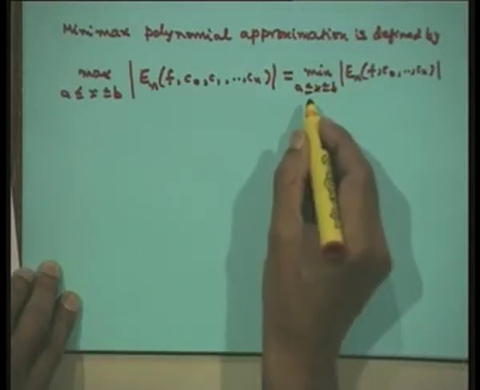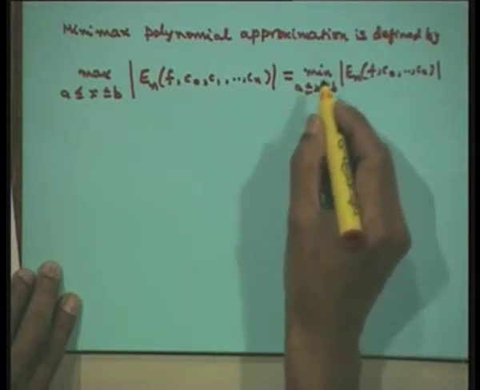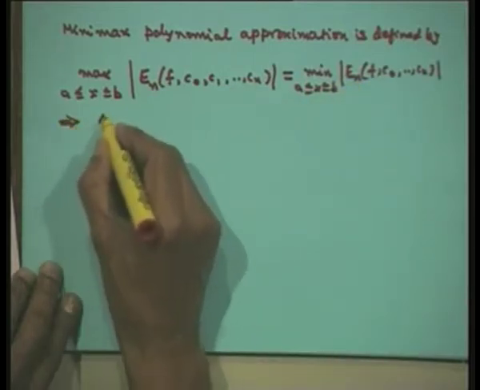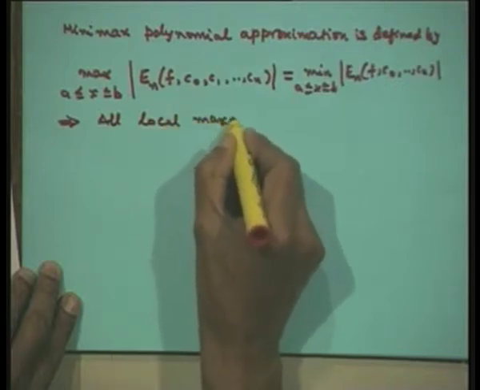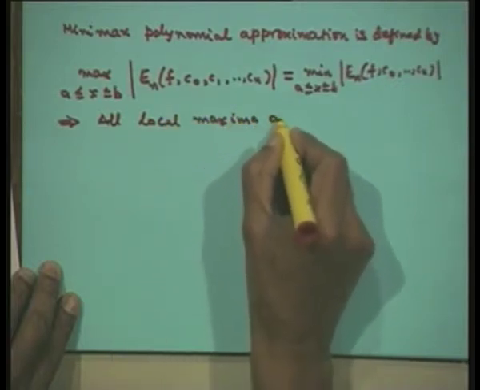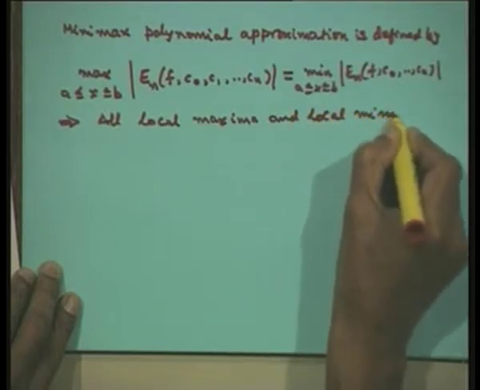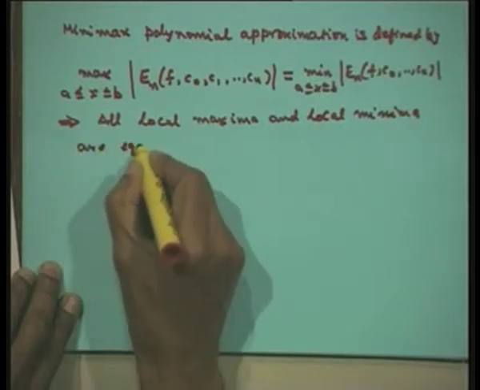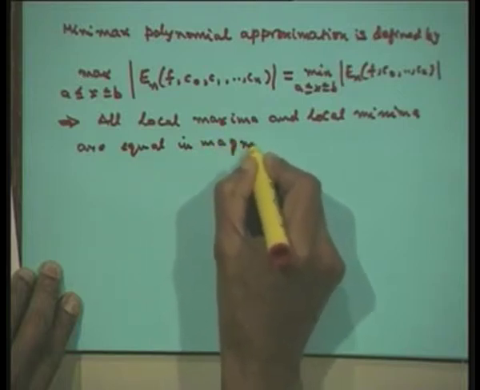What does this imply? It implies that all local maxima and local minima are equal in magnitude.